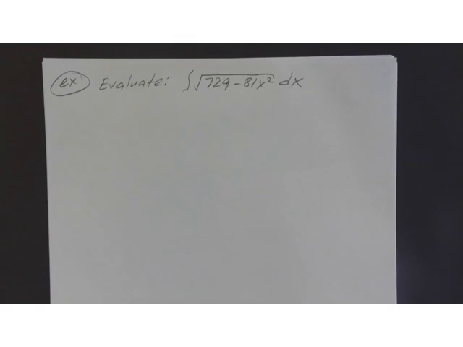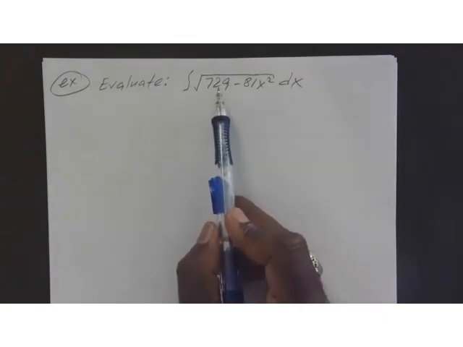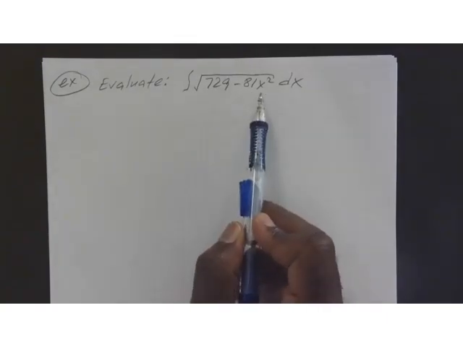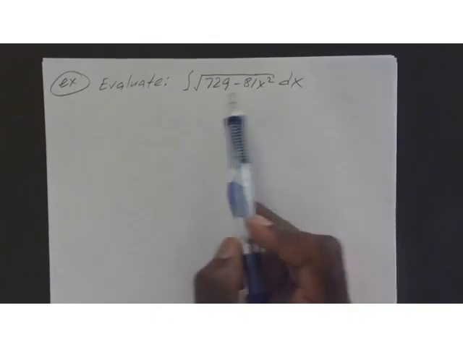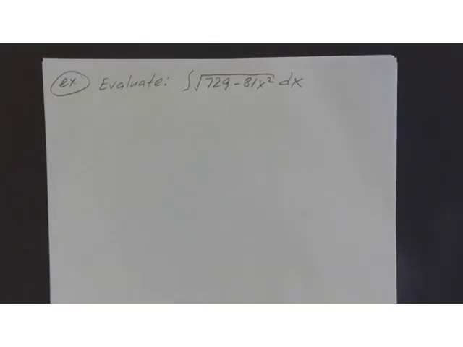We can see here we can't use u substitution, because if we made u equal to 729 minus 81x squared, then that would just leave an x dx, but we don't have an x outside of that root function, so we can't use that.